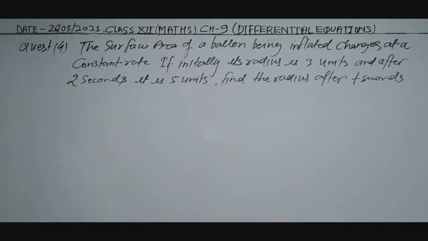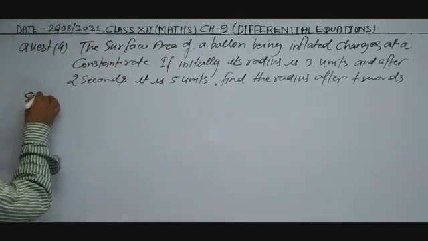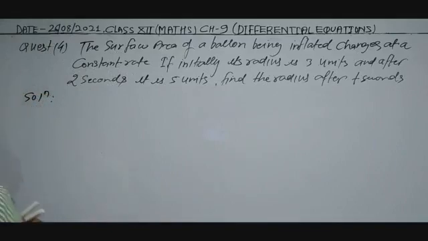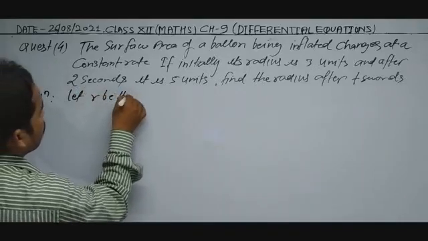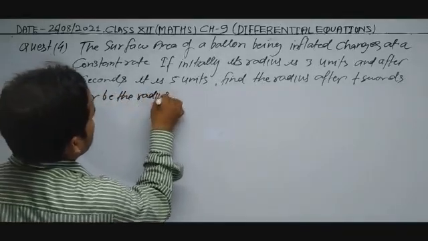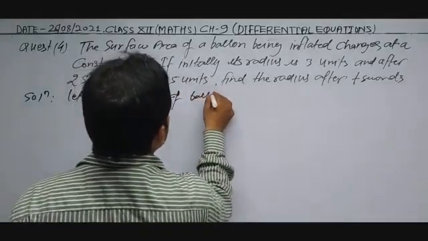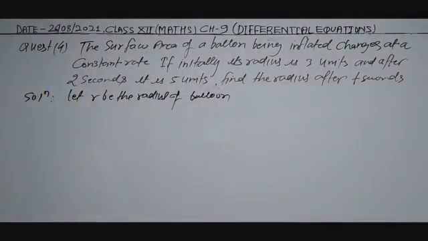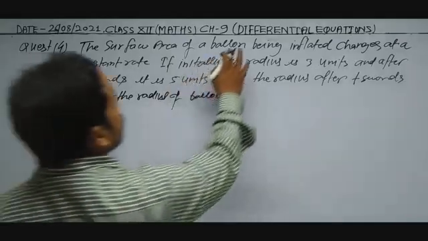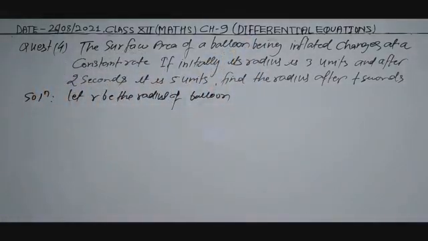So let us consider small r. Solution. Let small r be the radius of the balloon.